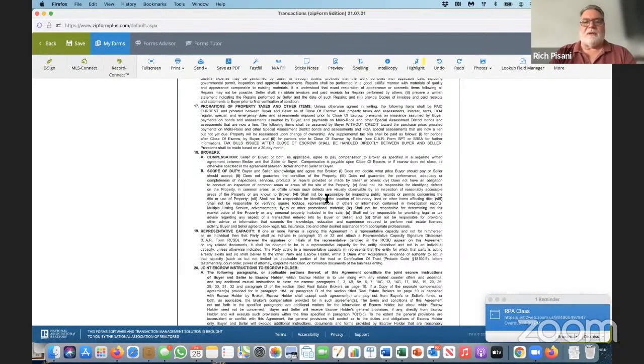It's important to note. I can't tell you how many times I see reducing commission or something about commission. We're not a party to this agreement. There's another agreement handling commission. Don't put commission agreements in this agreement.